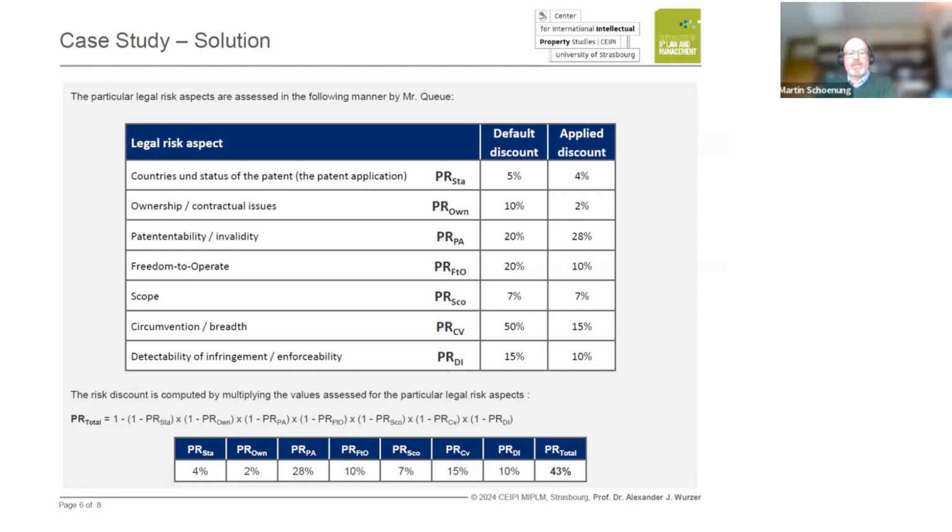And if we now sum up all these 7 risk factors in a formula like you'll see below on this slide, we come up with 43% total legal risk.